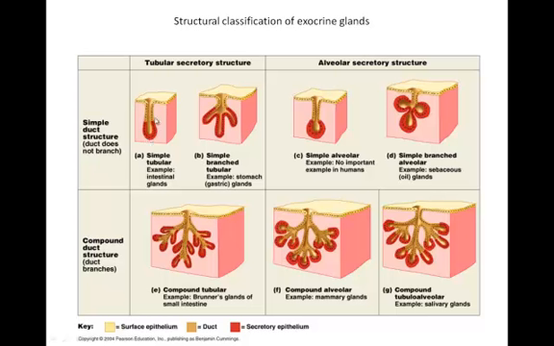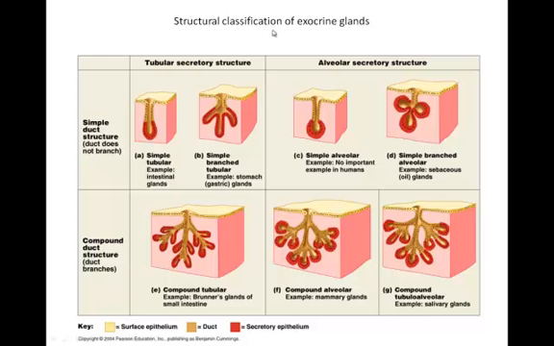So here's the secretory unit, the part of the gland that's actually making the substance that's going to be secreted. And there's one duct leading out. Down here, there's more than one duct. Here's 1, 2, 3. So we're not a simple exocrine gland down here. We're called a compound exocrine gland. Down here we have more. All of these have more than one duct leading out. So they're compound exocrine glands. So you're either simple or you're compound.